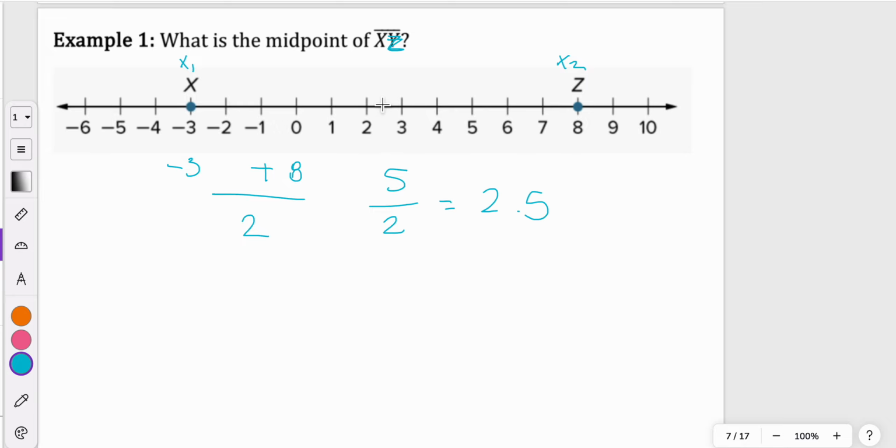So on the number line, 2.5 would be the midpoint of those. You can prove that by just counting in between. This would be 1, 2, 3, 4, 5.5. And then this one would also be 1, 2, 3, 4, 5.5. Okay, so they're both showing 5.5 distance. That's why 2.5 represents that midpoint.